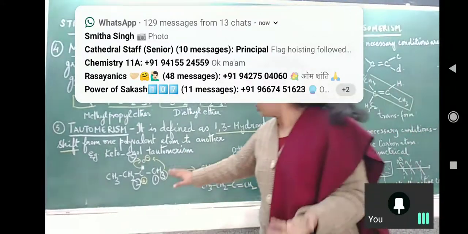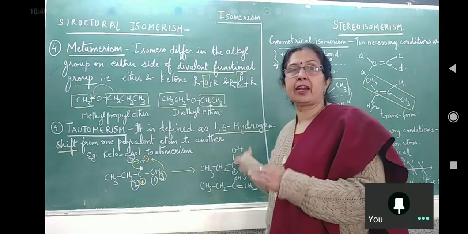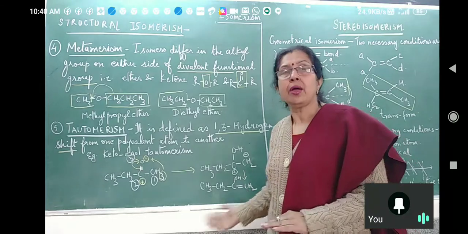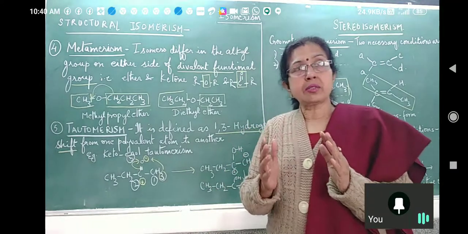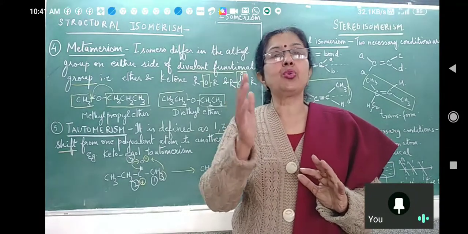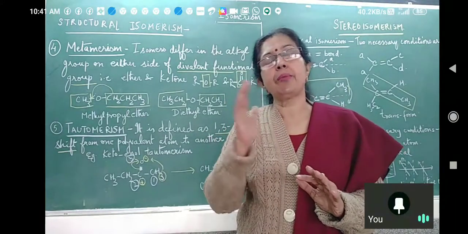The molecule can exist in the keto form, and it can also exist in the enol form, and because they are interconvertible into each other at room temperature, they do not require any energy from outside.